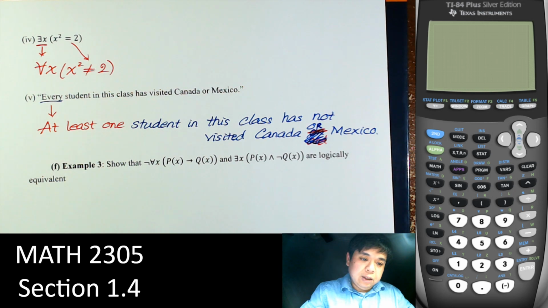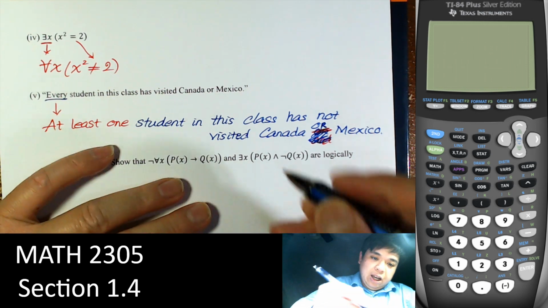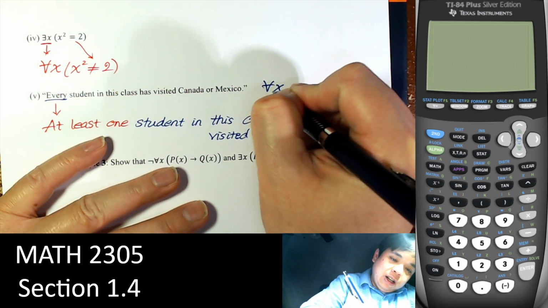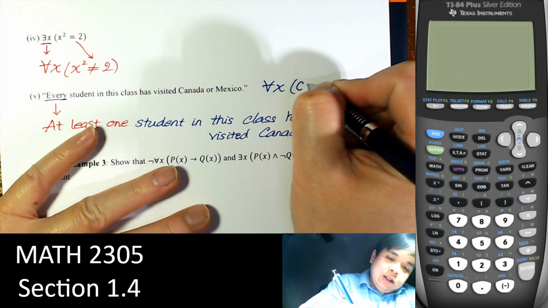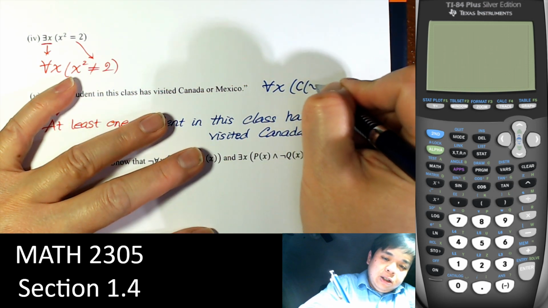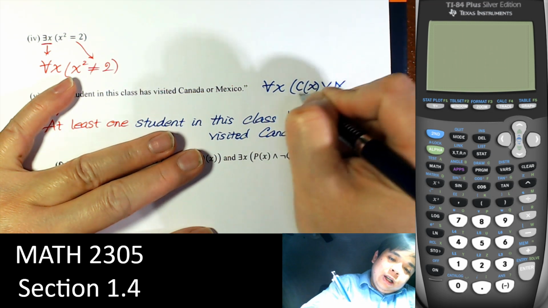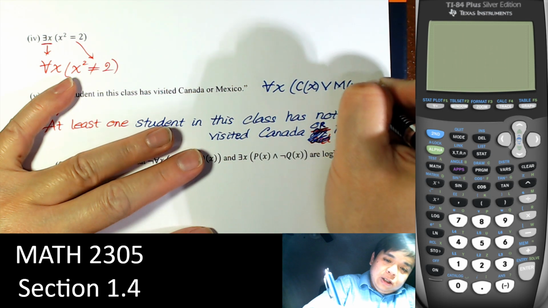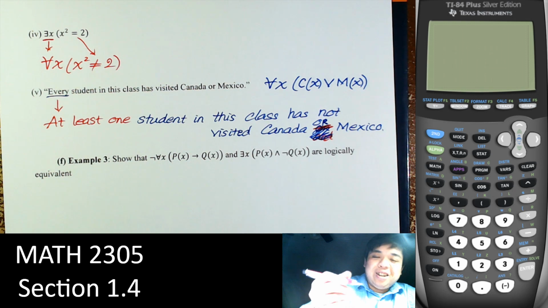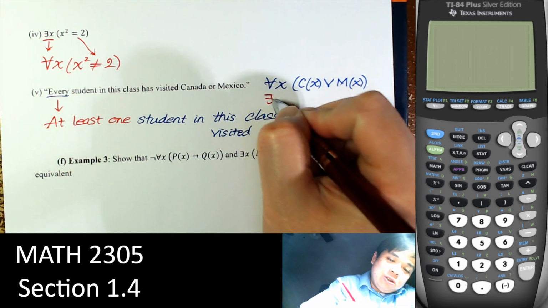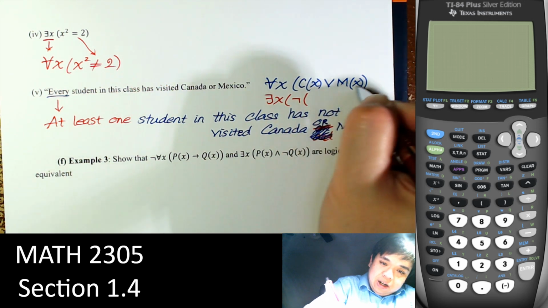Right. So if you write this as the logic, every student in the class has visited Canada or Mexico. Now it's nice to write like that, right? Now we change to existential, and then we have the negation of the whole thing here.